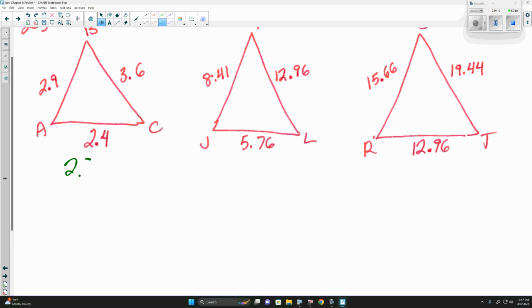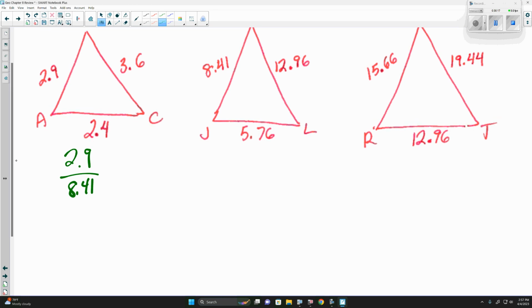So we would say 2.9 over 8.41, then 2.4 over 5.76, and then 3.6 over 12.96. Plug them in and see, do we get the same number for all three? If we do, then they're similar. If we don't, then we do it with the other one. Sometimes the decimals do throw us off, but they're not changing anything.